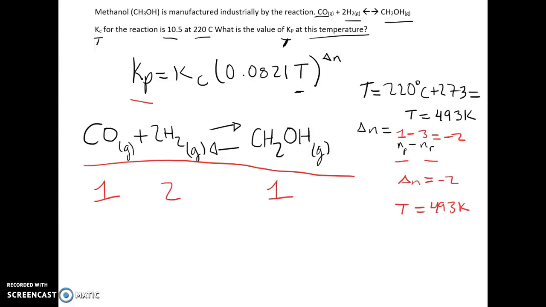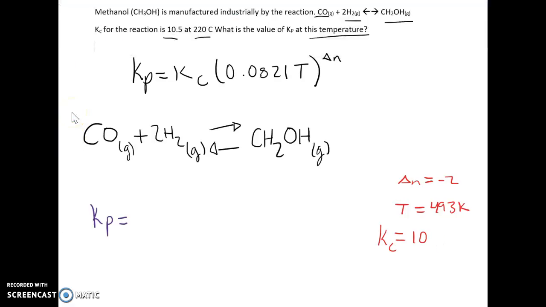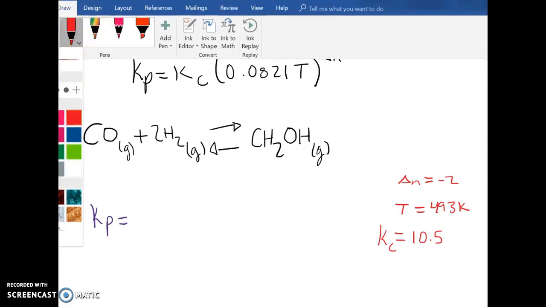But also they give us that our Kc, our equilibrium constant in relationship to concentration, is 10.5. Alright, so now all we have left to do is just plug what we're given into our equation in order to solve for our equilibrium constant in relationship to our pressure.